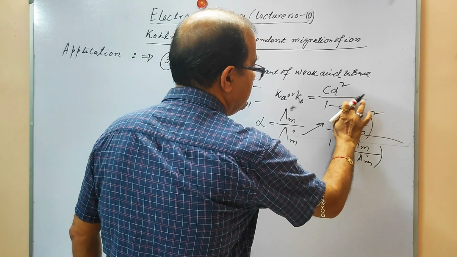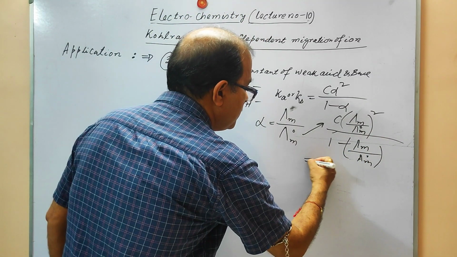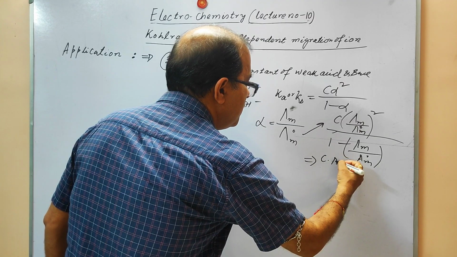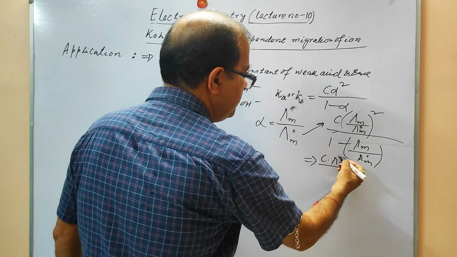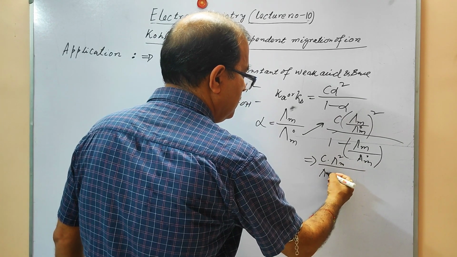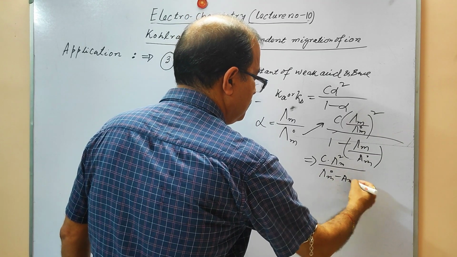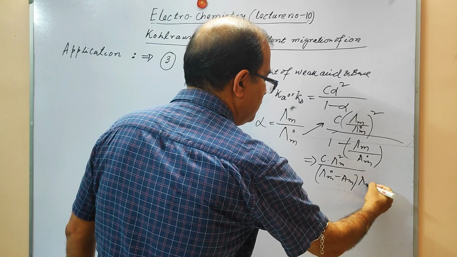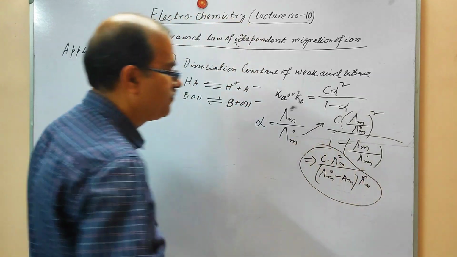This is not square, this is lambda. So from this we are able to calculate K. So this will be this.